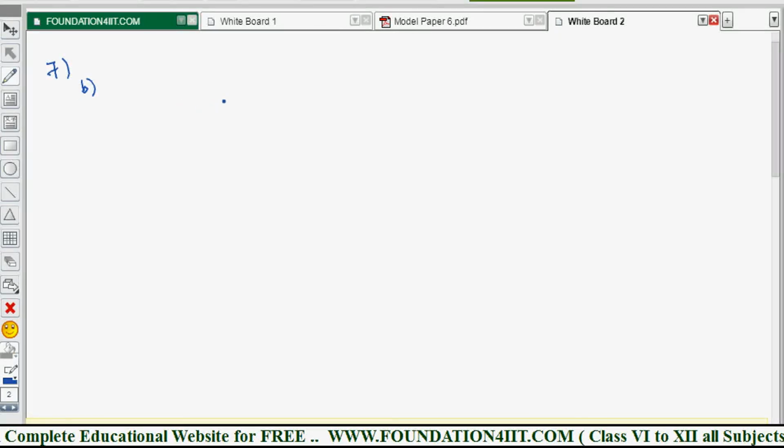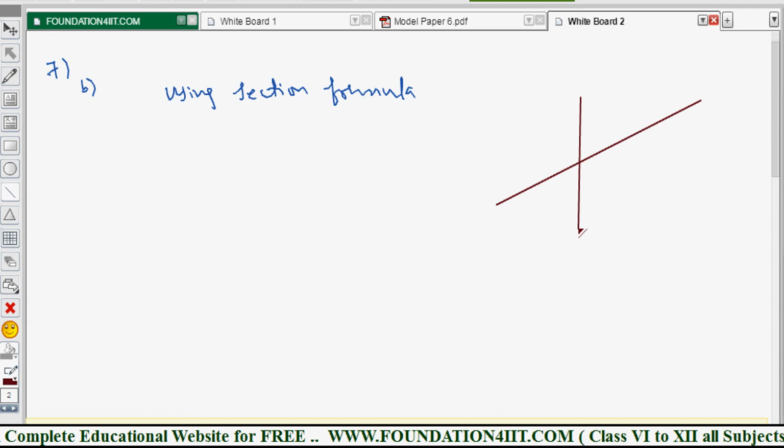If you see the diagram before using the section formula, there is a straight line AB and one is the y-axis.